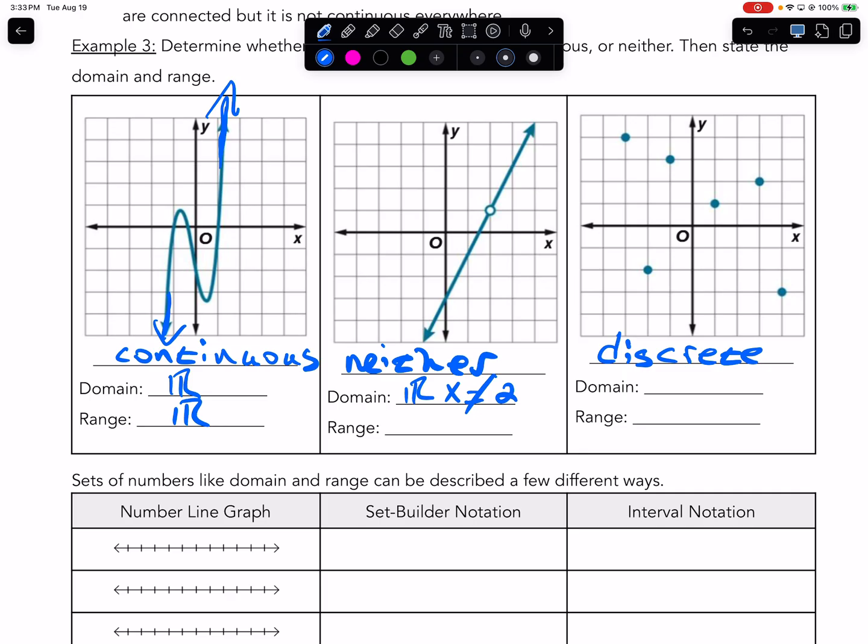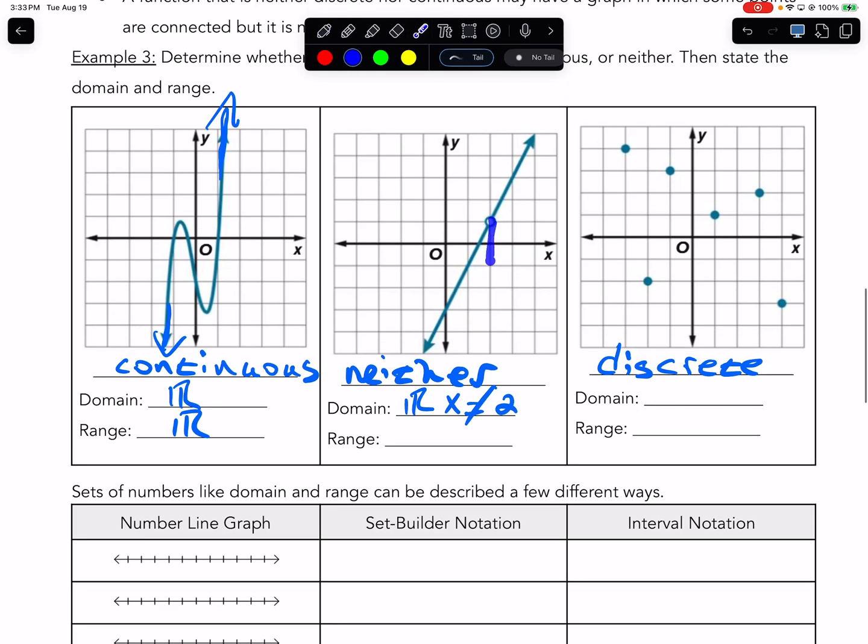It goes forever that way, forever up top, but it skips 2 right there. And then what y value does it exclude? 1. So all reals except 1. Do you have to put x or y for range? Y. Good. Just testing you. So y not equal to 1.